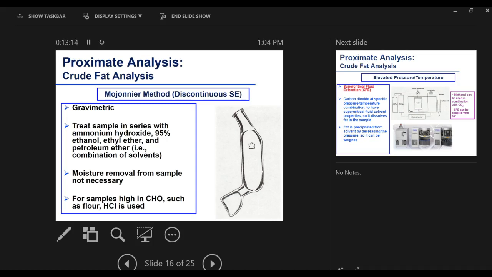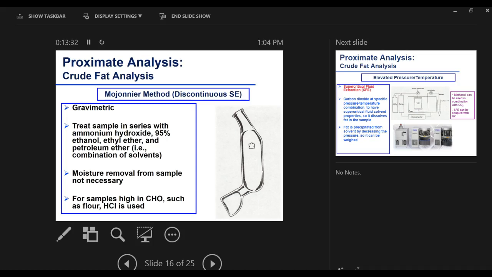So in Mojonnier, you vortex, you mix, you kind of force that solvent to get to your fat. Whereas in Soxhlet, no, there's that moisture content that, when the solvent is going through, is just going to hinder it from reaching the fat and taking it with it.